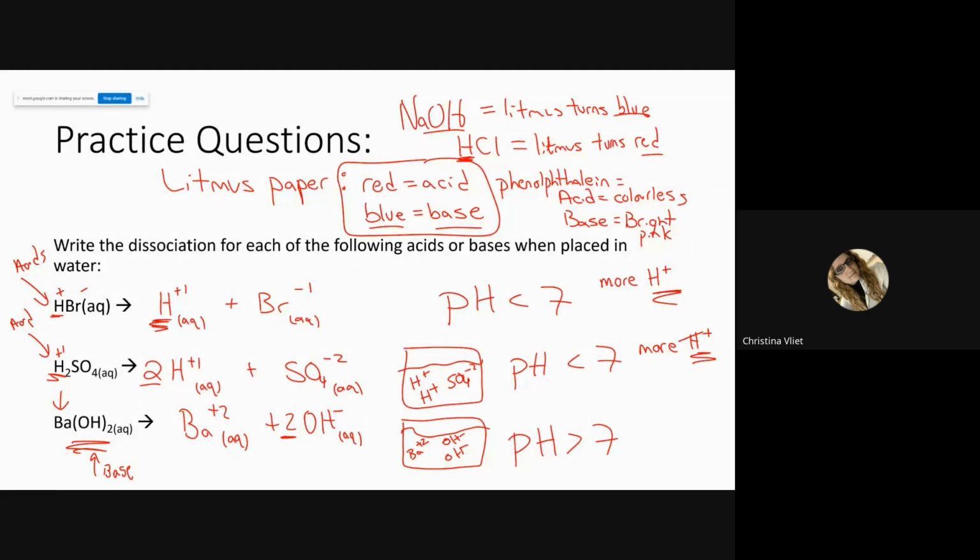I just put a couple of drops in, like a magenta, right? That's what phenolphthalein does. Did you see that? That's crazy. And then it got lighter. Let's see what happens as I add acid.